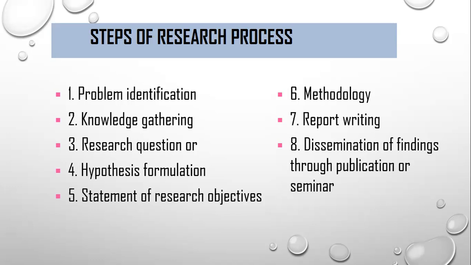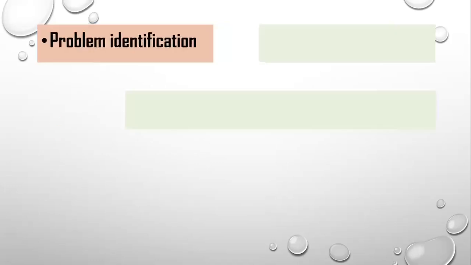For a problem to be a research problem, it must have importance. It must be feasible for the researcher to do the research.